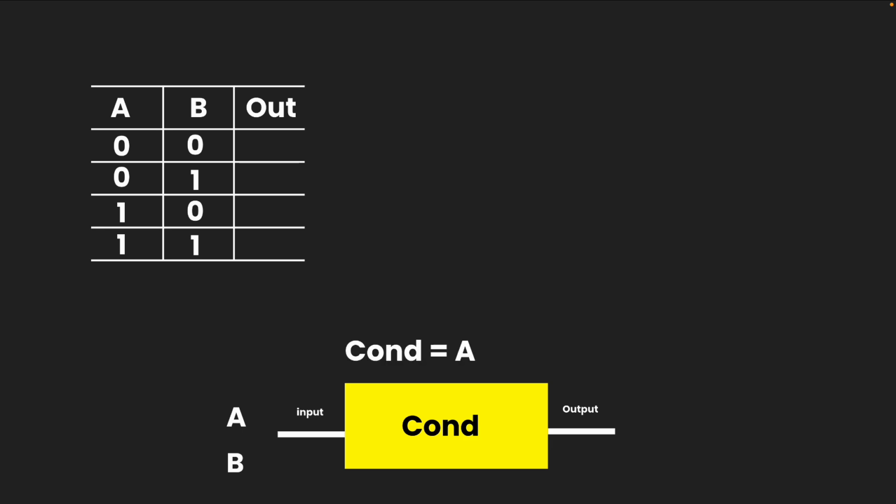So, for example, if our condition is A and not B, which basically means if A is true and B is not true, then our output would be true. Any other statement, it will be false. So, the only part where this is true is this one right here, where A is true and B is not true. True meaning on, which is a 1, and false meaning off, which is a 0.